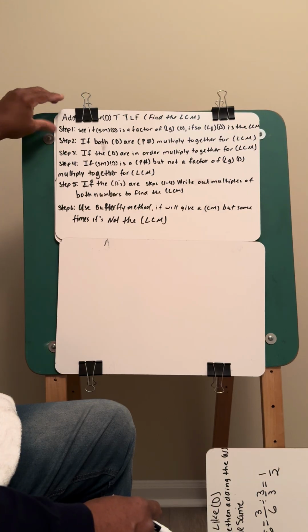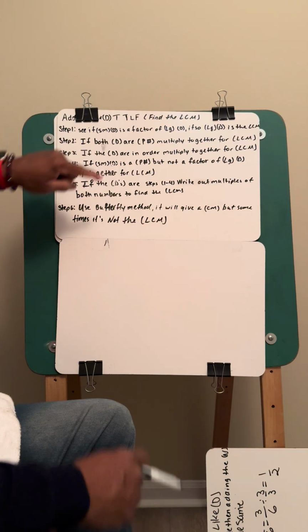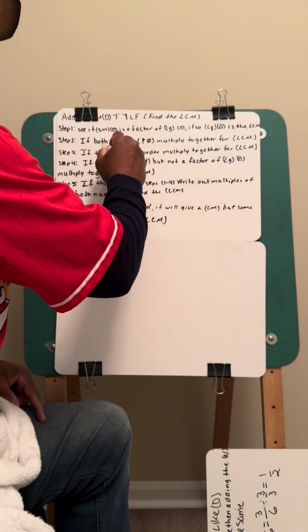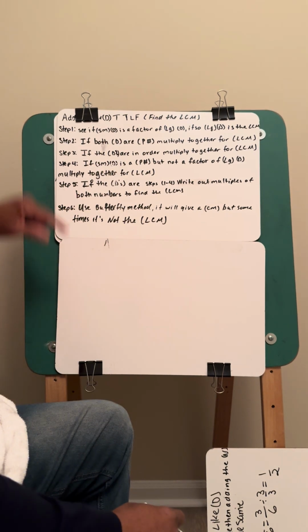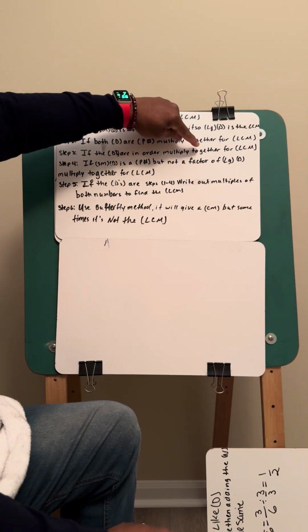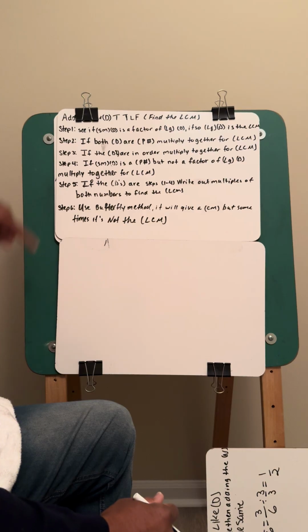Again, these are all ways to find the LCM. Step 3, see if the denominators are in order. If so, multiply them together to get the LCM.